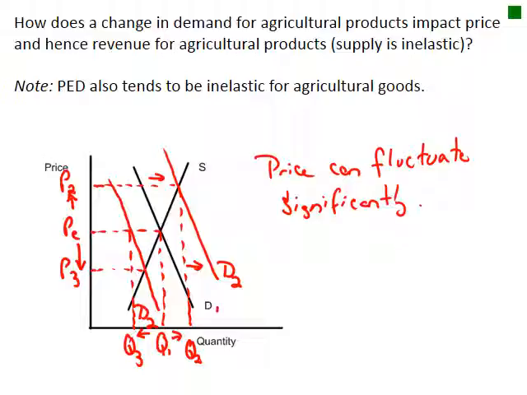We'll call this D1. So let's increase demand, showing it with the horizontal arrows, to D2. Now we can see that the change in price is quite significant, and the quantity not so much.